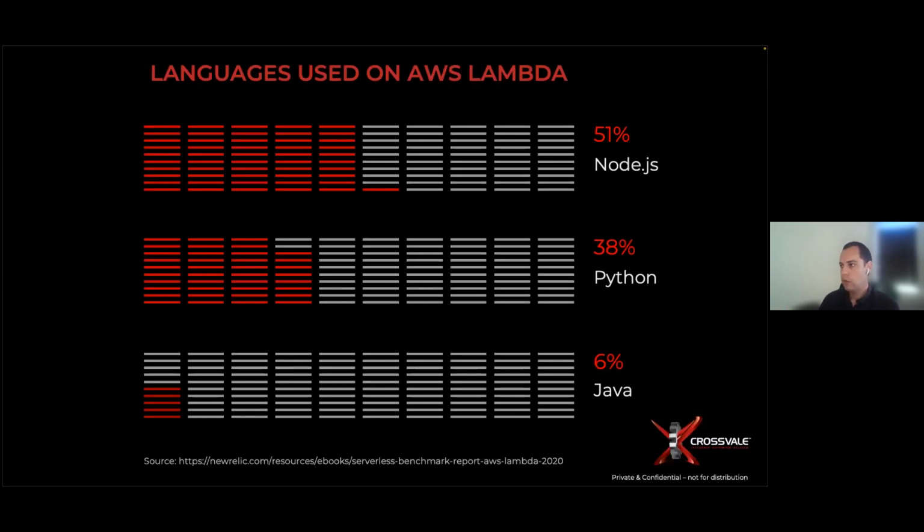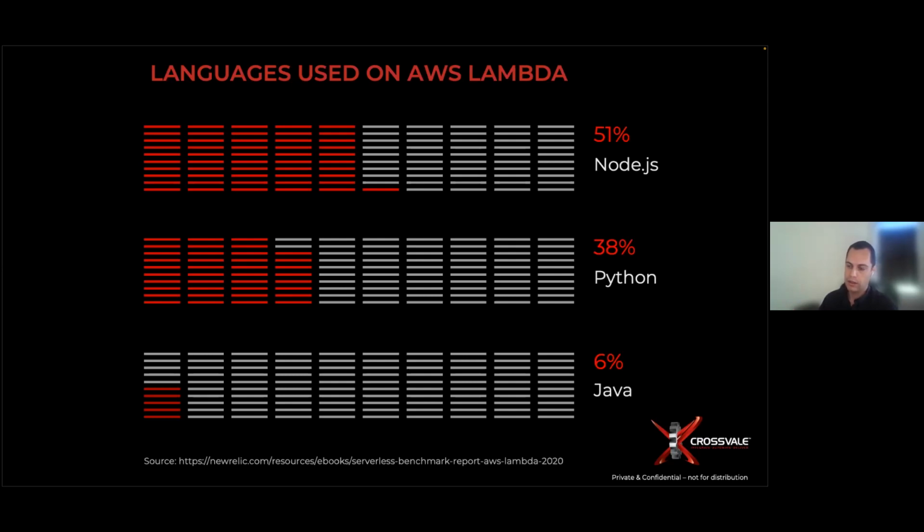When we compare what languages are used on Lambda, Lambda is a function, a way of creating code in AWS. It's code that doesn't run all the time. It runs when it's needed. So you don't have a JVM running all the time. On execution, it loads the code, executes, and discards the code. Then you don't have to pay for servers because you are not running them continuously. 51% of that code is Node.js, 38% is Python, and only 6% is Java.